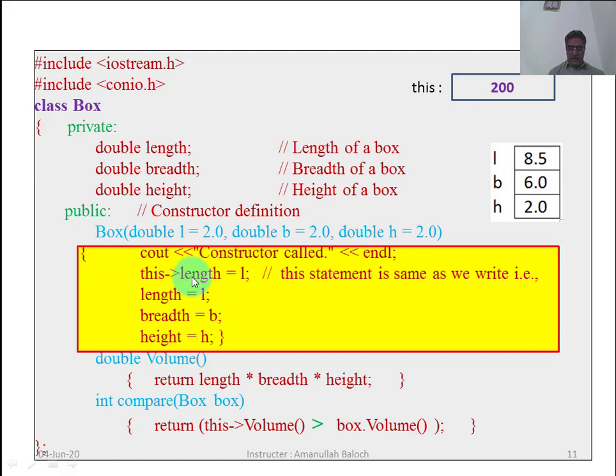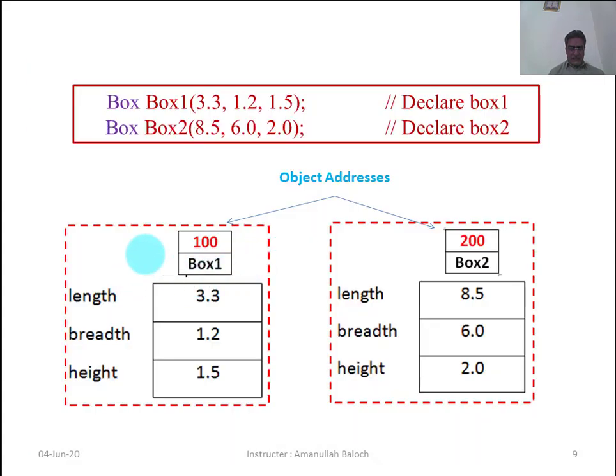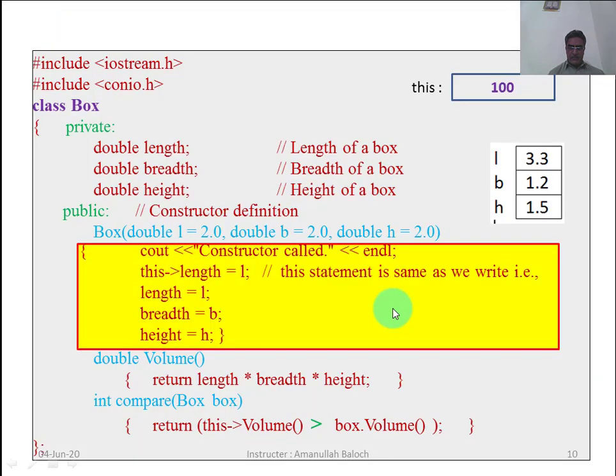Which length? There are two lengths: the length of box 1 and the length of box 2. So that specific value of L, 3.3, will be stored at the location of length whose address is stored in the location of this.